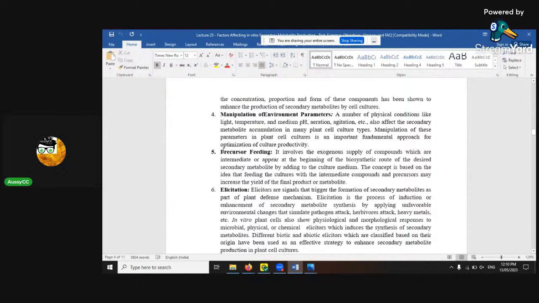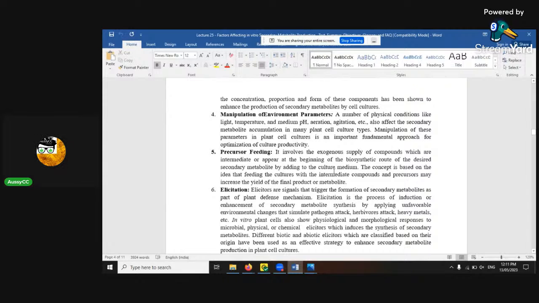So precursor. Yes, an example of good precursors are, I actually can't tell you my secrets. An elicitor is another form of stimulation for secondary metabolites. Elicitors are signals that trigger the formation of the secondary metabolite pathways. So it would be something like it's getting an attack.